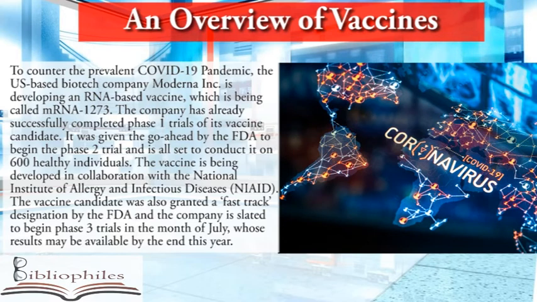And the company has already successfully completed the phase 1 trials of its vaccine candidate. It has also been given the go-ahead by the FDA to begin the phase 2 trial, and moreover the company is supposed to begin the phase 3 trials in the month of July, whose results may be available by the end of this year.